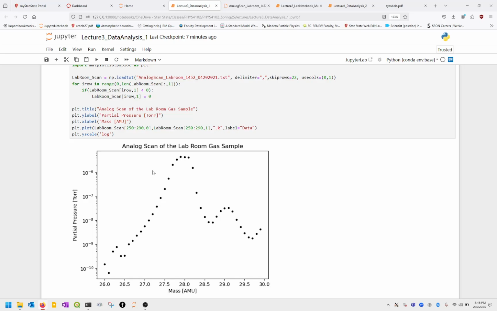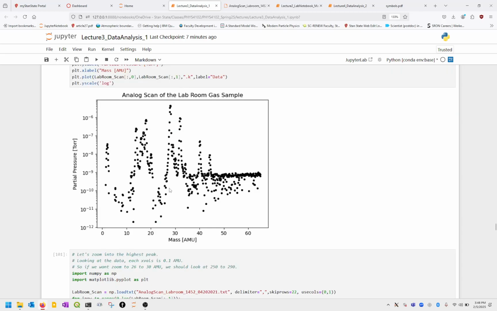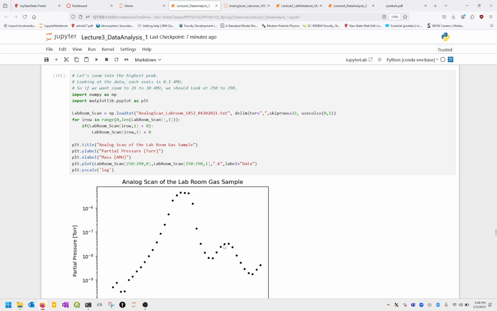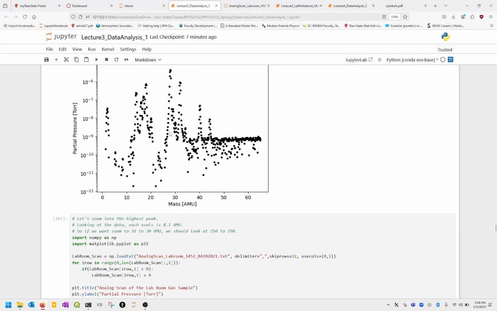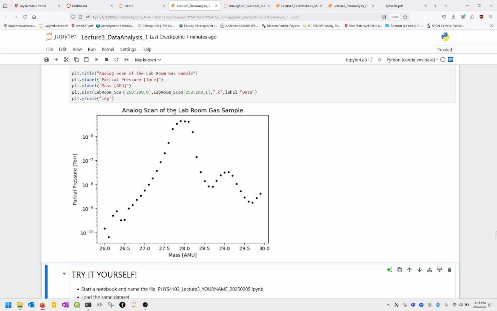So this here is the zoomed-in part of this peak. You can see the second one around it too. No, I think it's this little shoulder here, actually. You can zoom in by just changing which part of the array you give it.